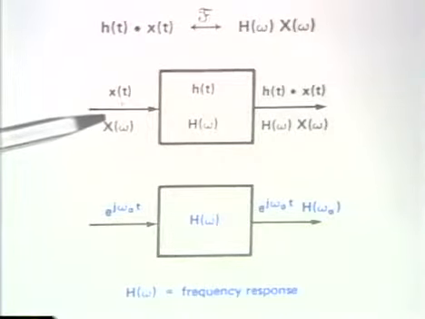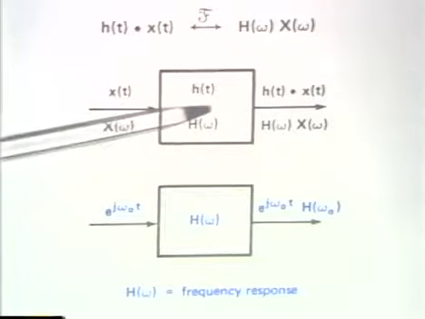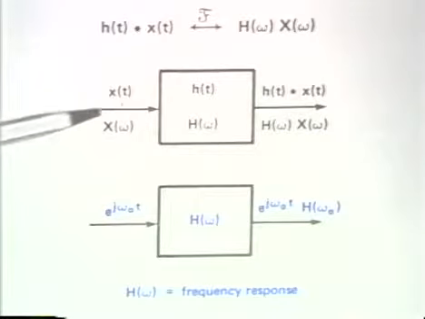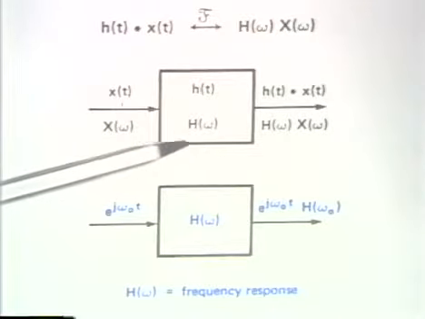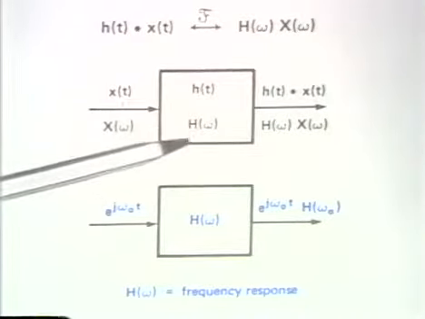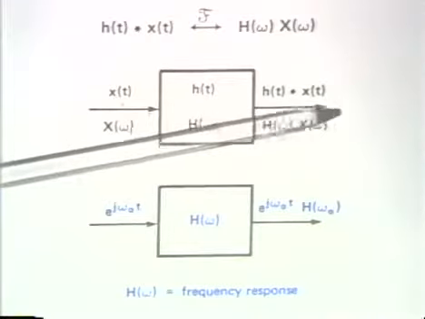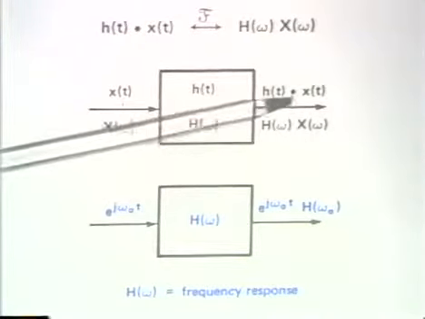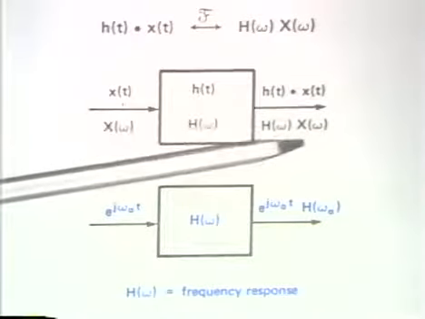As this signal goes through this linear time invariant system, what happens to each of those exponentials is that each one gets multiplied by the frequency response at the associated frequency. What comes out is the amplitude of the complex exponentials that are used to build the output.